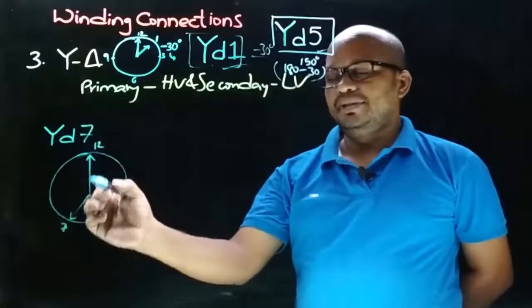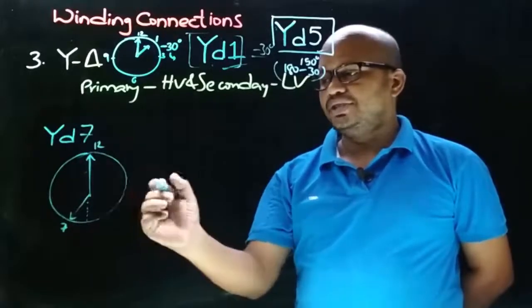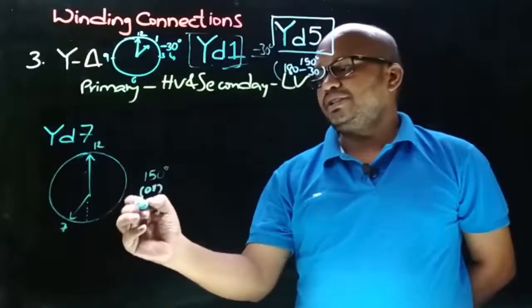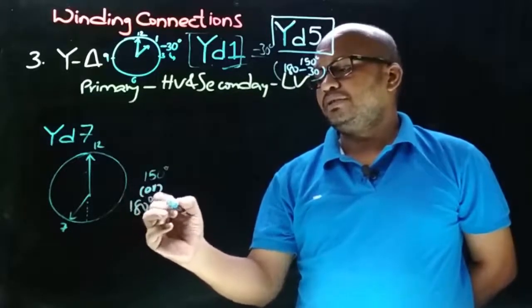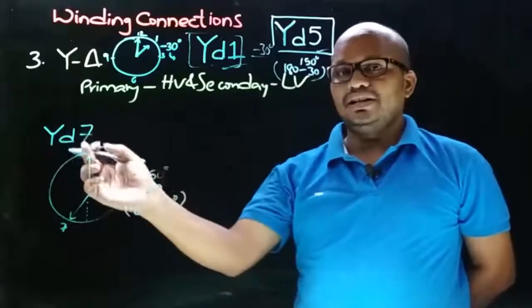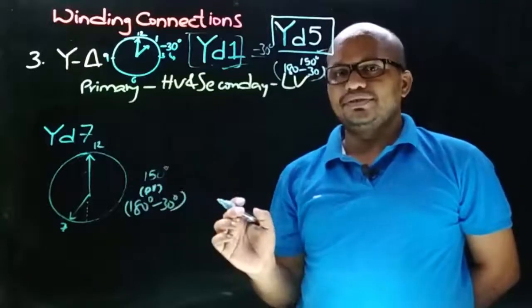The angle between the minutes needle and the hours needle here, if you measure in the clockwise direction, is 150 degrees, or you can write it as 180 degrees minus 30 degrees. Therefore, for this type of star-delta connection, we have a phase displacement of 150 degrees.